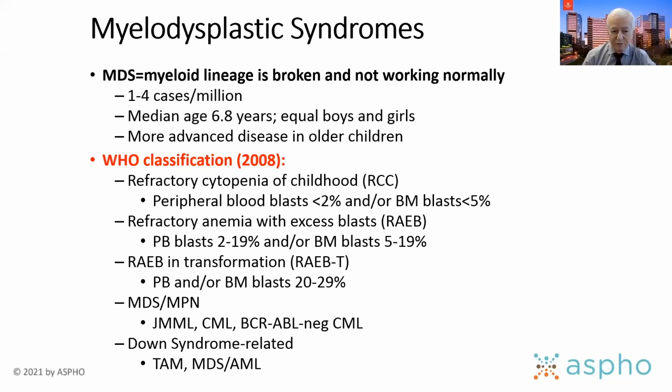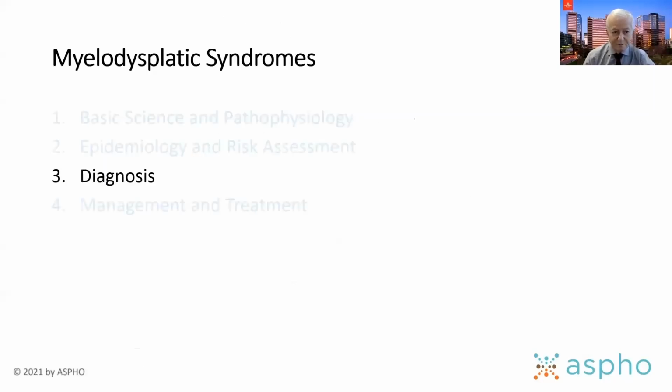There's another category of myelodysplastic syndromes, which include JMML, chronic myelogenous leukemia, and BCR-ABL negative CML. And I will just touch on the first of these in my lecture. And finally, there's the Down syndrome related abnormalities that are quite fascinating that lead to megakaryocytic leukemia in some cases.